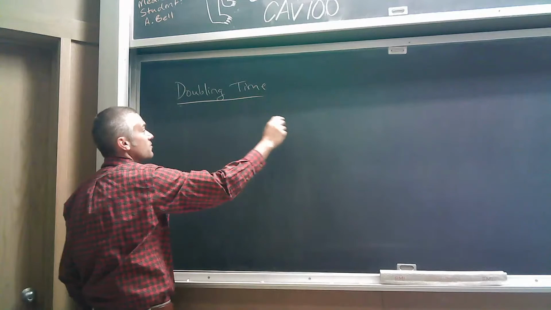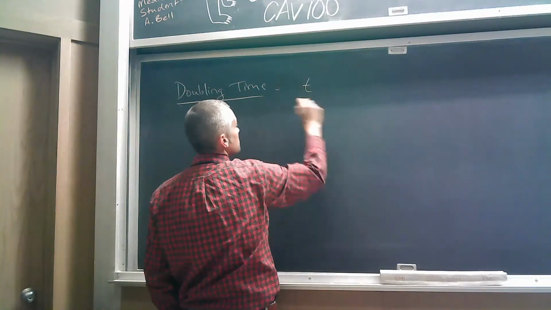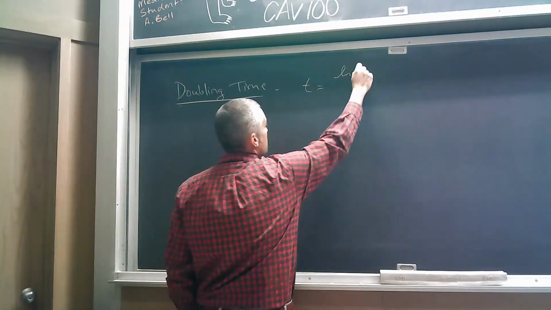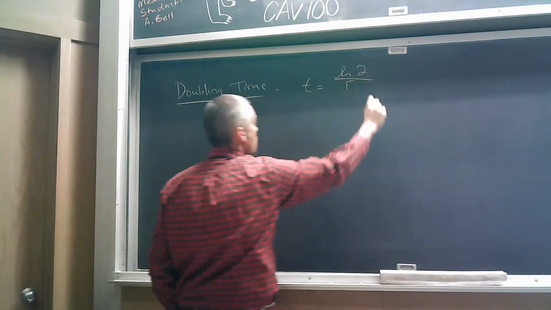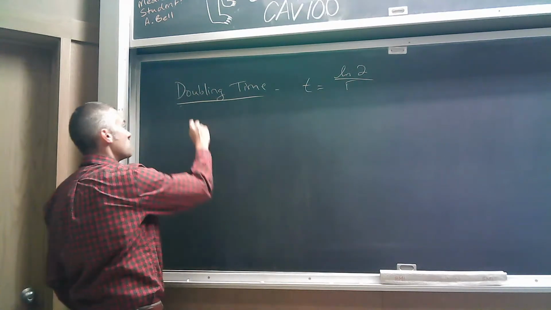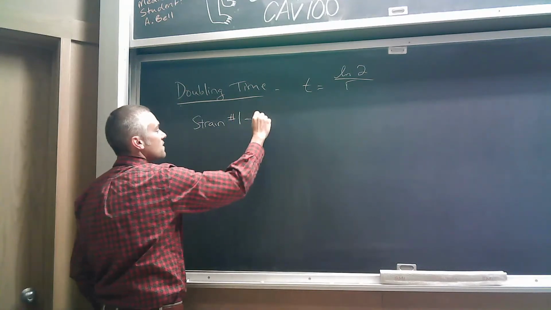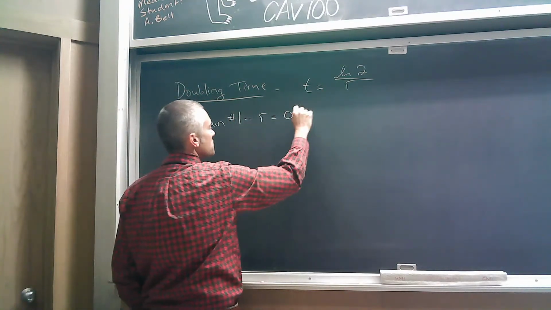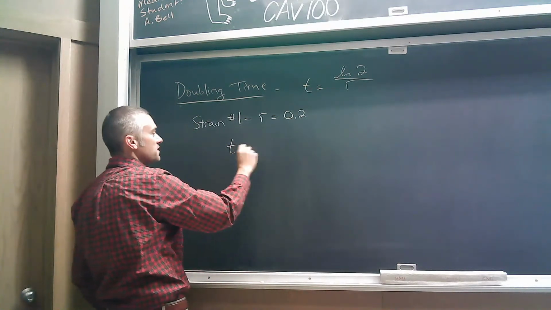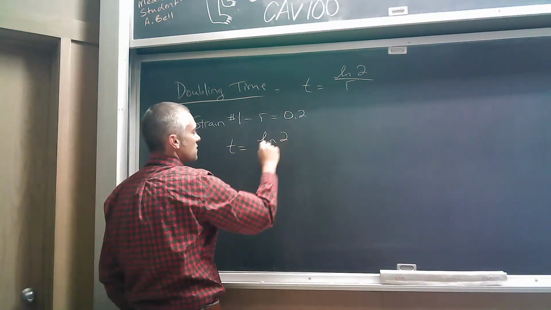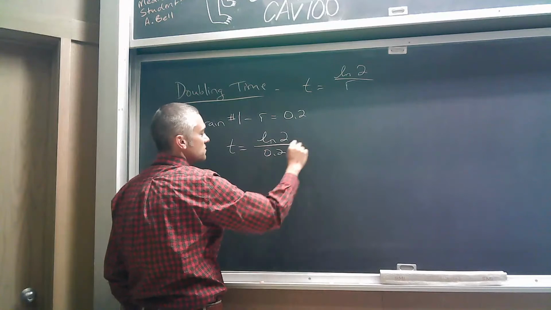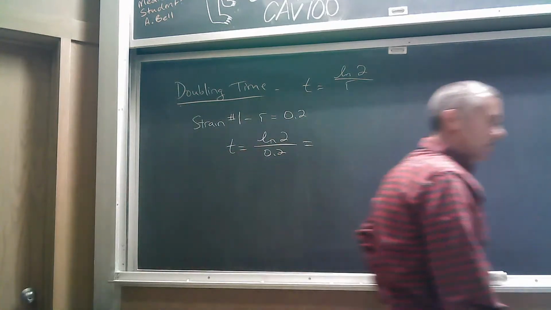All right, and we said doubling time is t equals the natural log of 2 over our intrinsic rate of growth. So for strain 1, we said R is equal to 0.2, which means our doubling time is the natural log of 2 over 0.2, which is what?